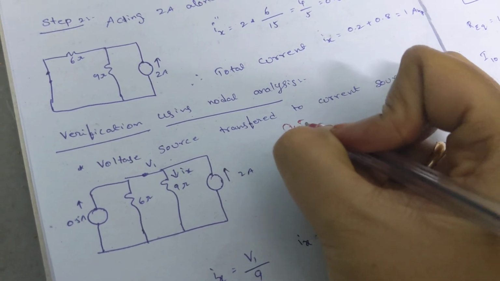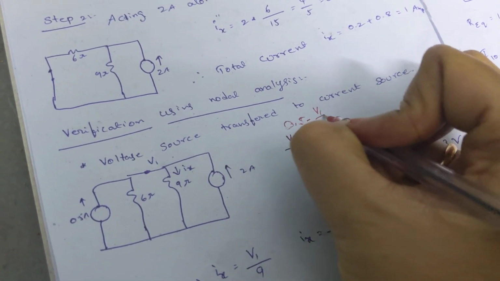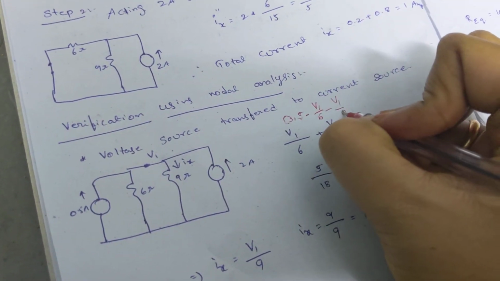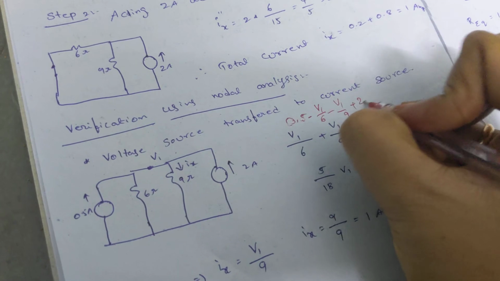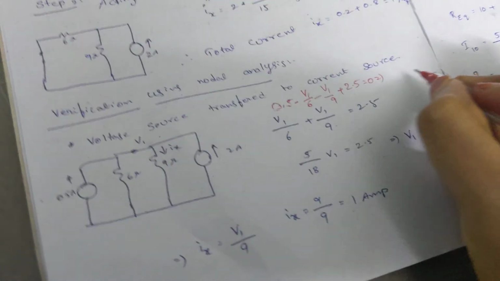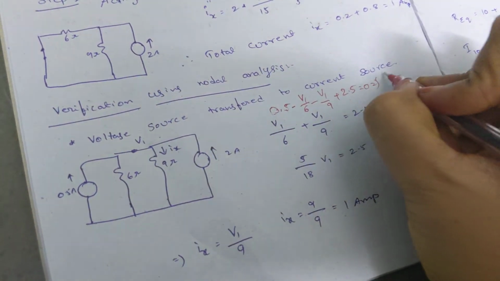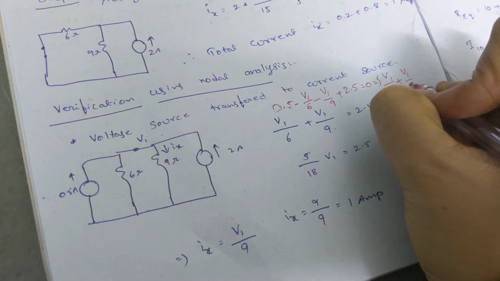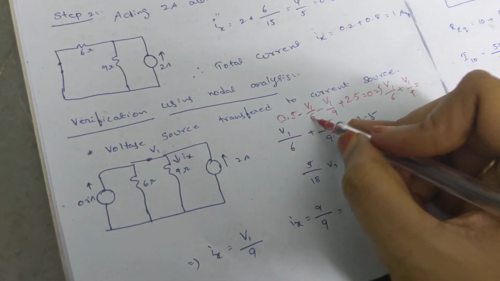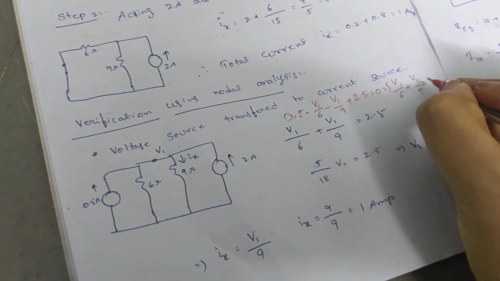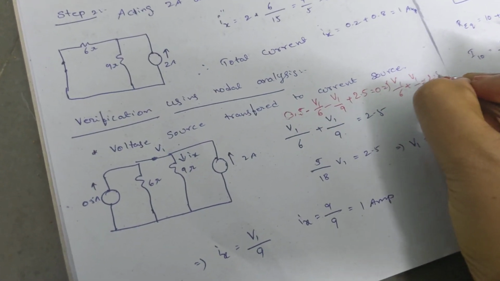0.5 minus V1 divided by 6 minus V1 divided by 9 plus 2.5 equals 0. Taking these two on the right-hand side, V1 divided by 6 plus V1 divided by 9 equals 2.5.